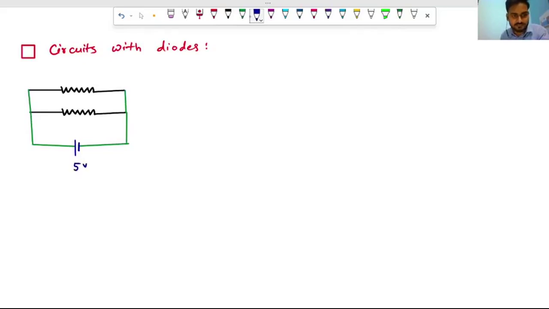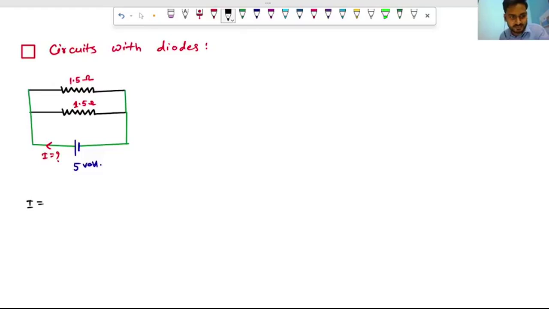Suppose it is 5 volt and the value of each resistance is 1.5 ohm. Then you tell me what will be the current that flows through the battery.